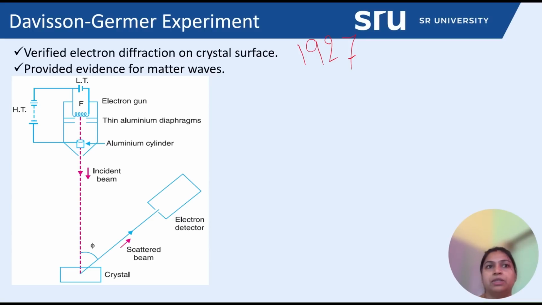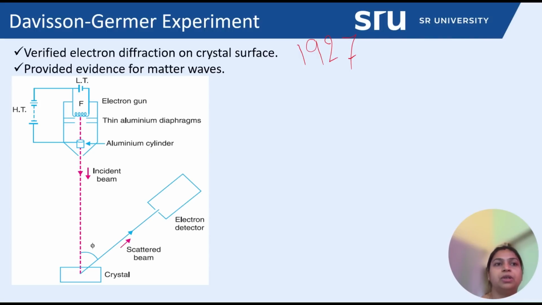So this confirms the wave nature of electrons, and electron diffraction in gas and solids reinforces the wave behavior of matter. Its importance in quantum mechanics is that it introduced the wave-particle duality of matter, laid the foundation for the Schrödinger wave equation, and it is essential in quantum confinement, electron microscopy, quantum wells, and semiconductor physics.